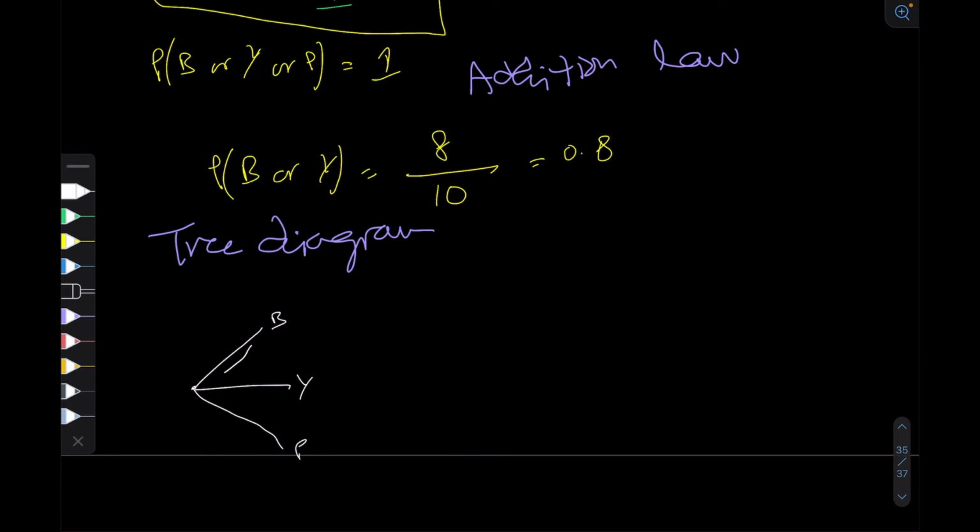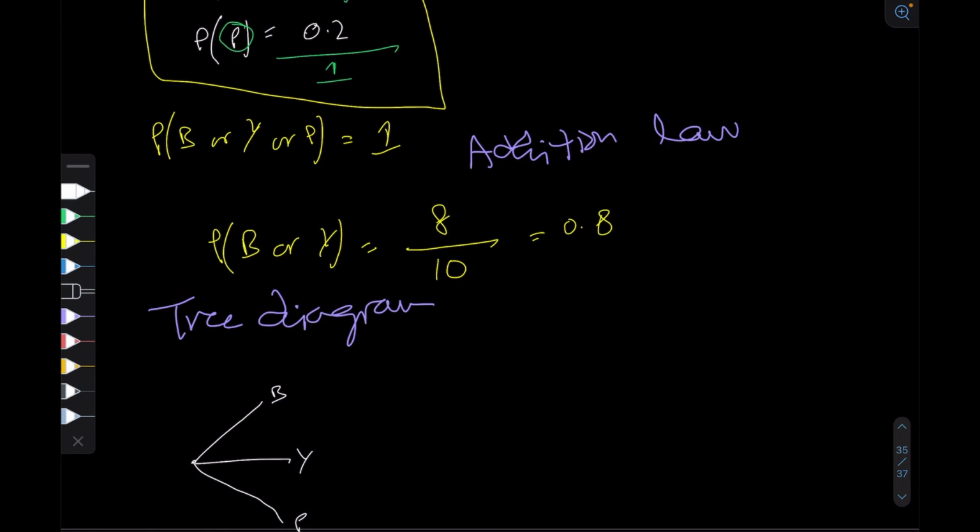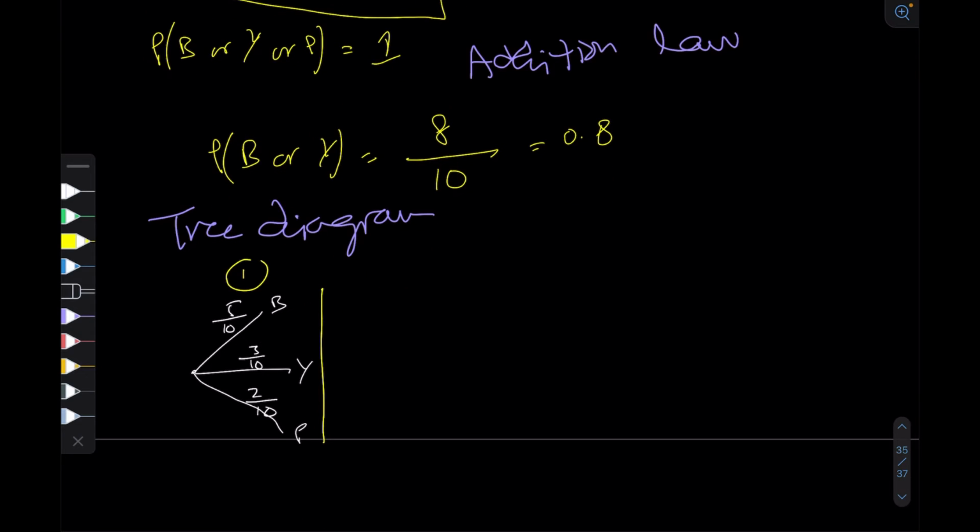And under the branch or the line, you would write the probability of it happening. So the probability of blue would be 5/10, this would be 3/10, this would be 2/10, right? And I have stopped here. That means this is the first trial. This is the first time I put my hand out there and I take out a ball, right?